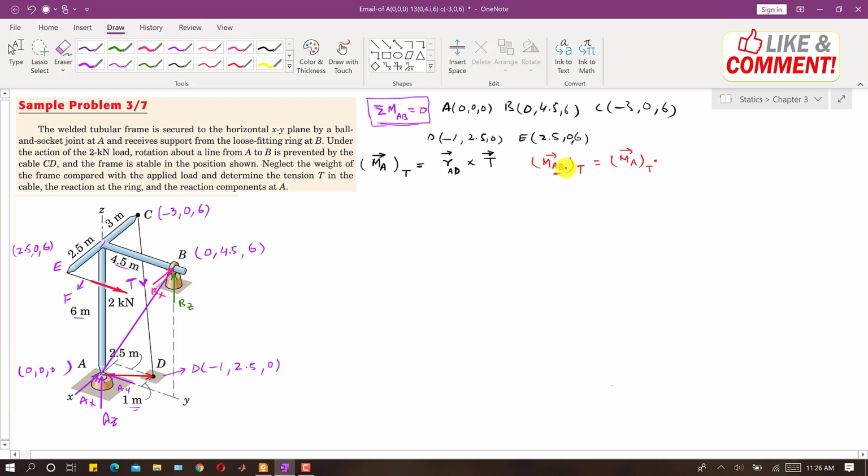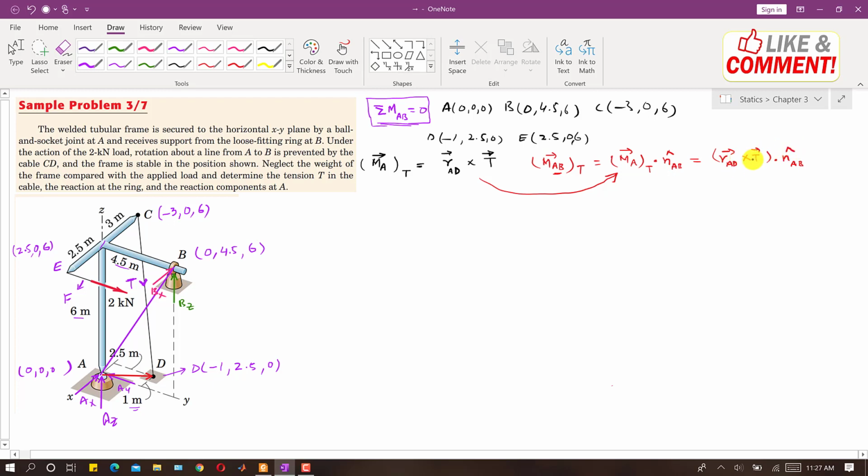We want to find the moment of this tension T along the AB line, so we will take the dot product with the AB unit vector. If we put this in this equation, then this will be RAD cross T dot the unit vector AB.